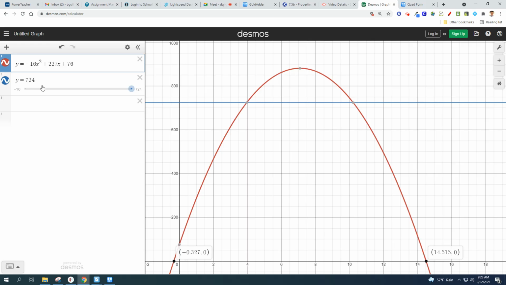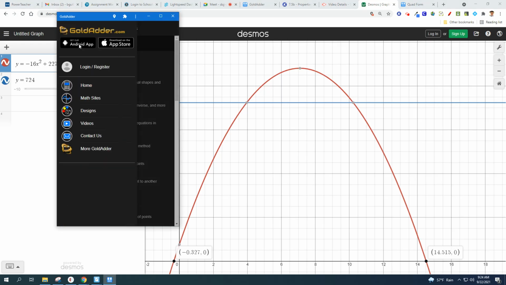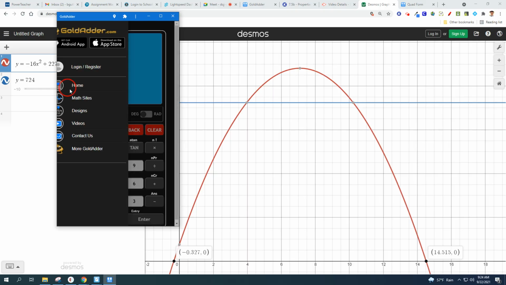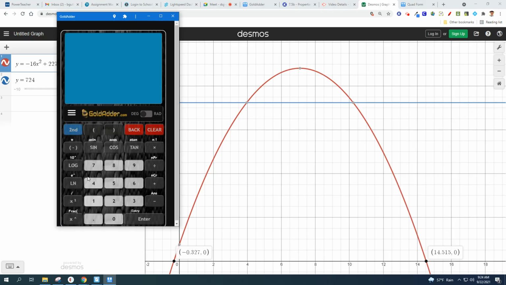Now, if you wanted to answer that other question, what you need to do is set this equation equal to 724. If you're going to solve, you're going to have to subtract that 724 over. So it's going to involve 76 minus 724, negative 648.